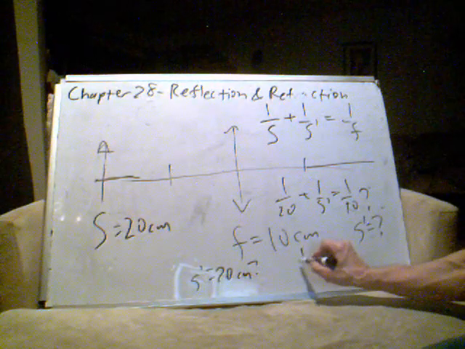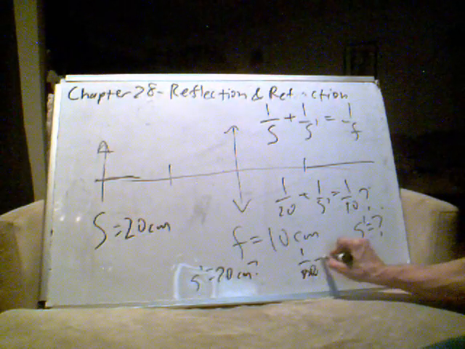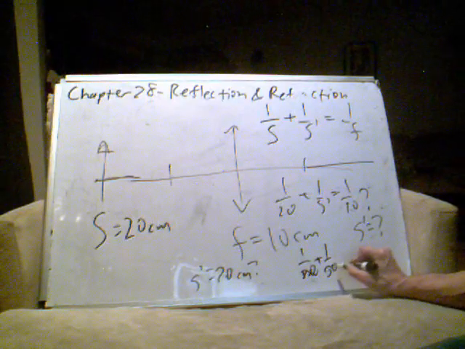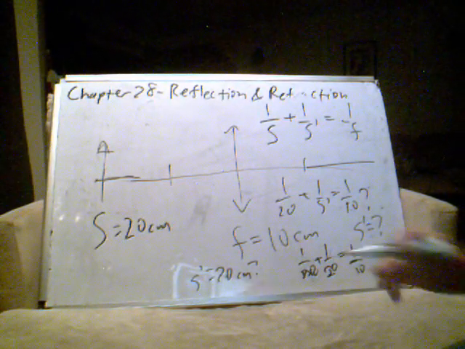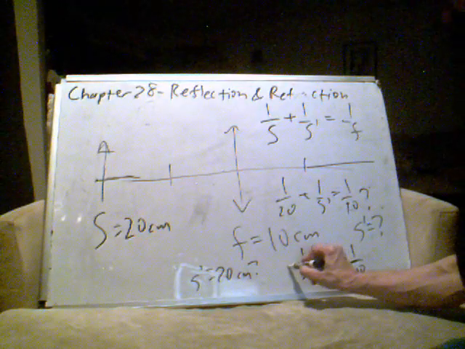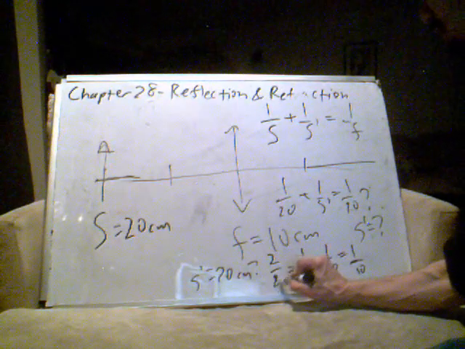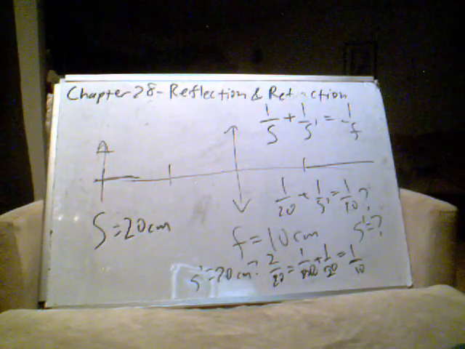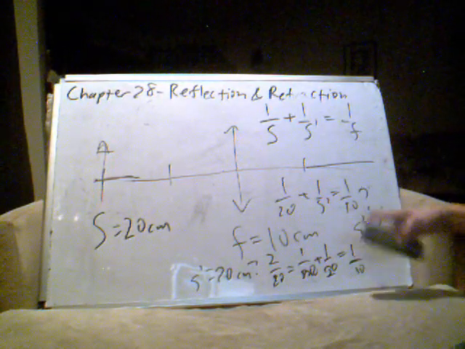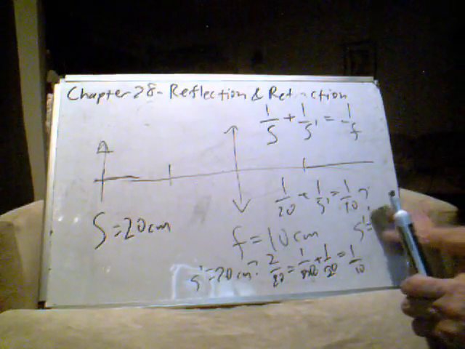Is that right? Well, we got 1 over 20 plus 1 over 20. Is that equal to 1 over 10? 1 over 20 plus 1 over 20, that's the same as 2 over 20, or 1 over 10. And so, yes, the correct distance for this image should be at 20 centimeters.